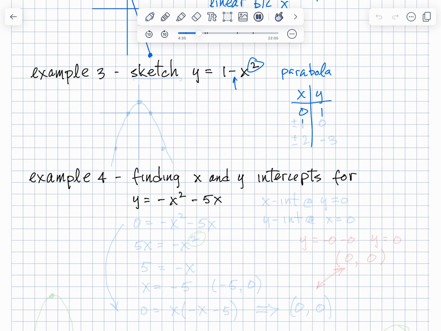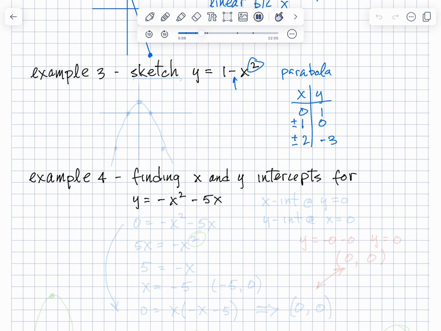When x is plus or minus 1, y is 0. And when x is plus or minus 2, the value of y is going to be negative 3. That gives us 5 points to plot, and you want 5 if you're doing a parabola.